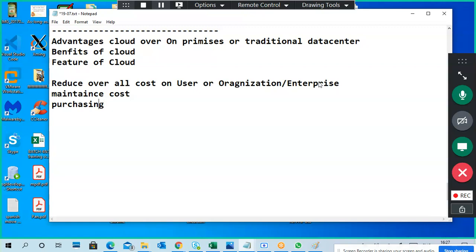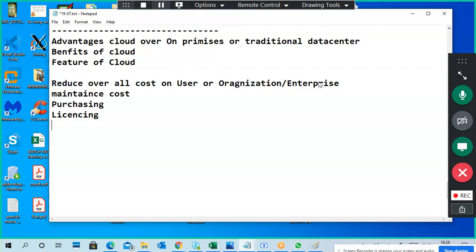Purchasing. Okay. So full name, purchase or purchasing, purchasing of components like that. Purchasing cost. Then licensing cost. Okay, so cost is in different manners, like licensing cost, server licensing, or equipment licensing, purchasing, security, maintenance. Physical security maintenance will be reduced.